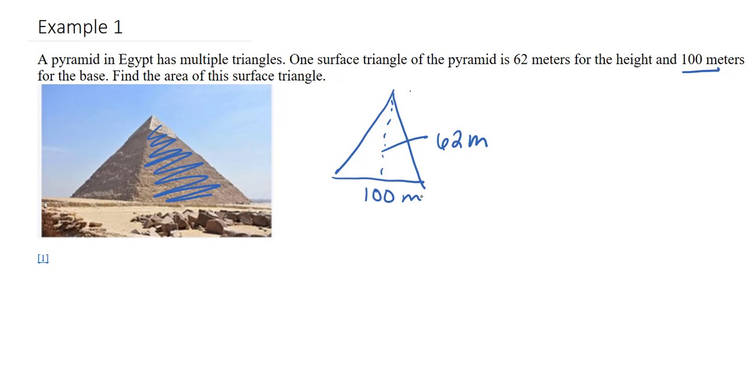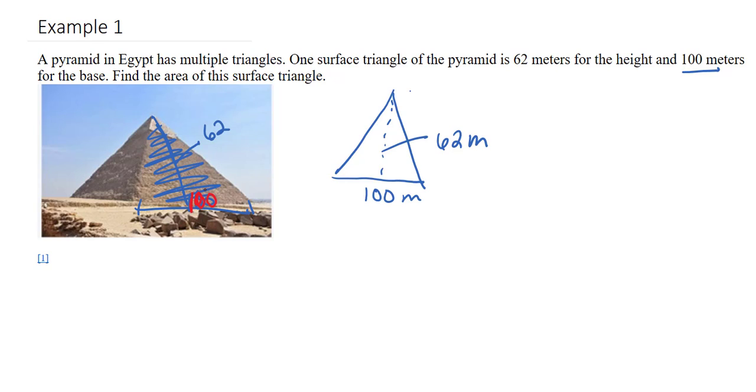We're going to find the area of this surface triangle. So we redraw it: this would be 100 long, and from this tip to here is 62.